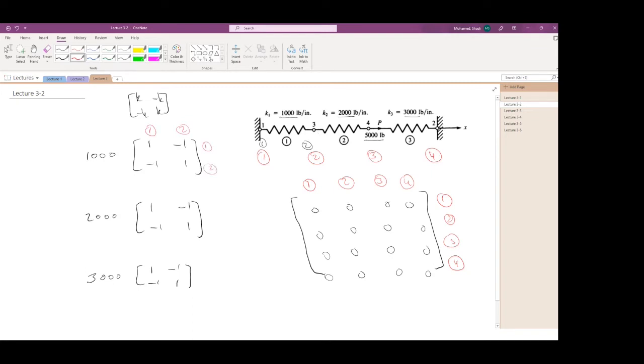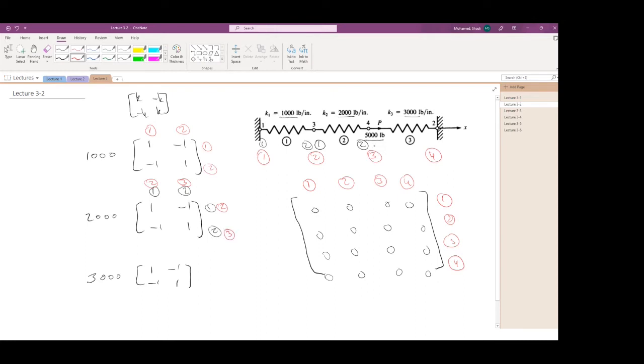If we look into the second spring, you have node number 1 and node number 2. This is 1 first column and 2 second column. This is linked to 2 and 3. So I'm just going to write 2 and 3 on top of that. 2, 3, 2, and 3.